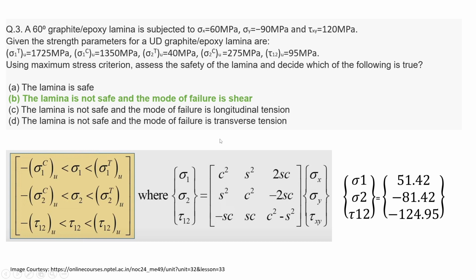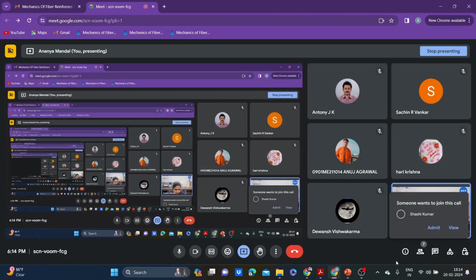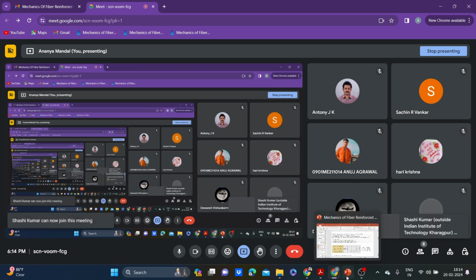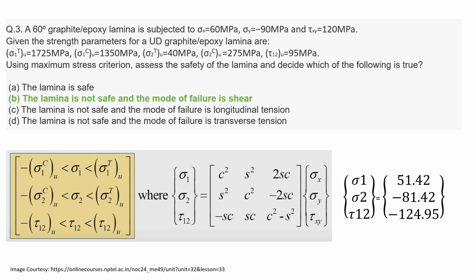Okay, so here we have to find the point where the lamina will go to failure. We are given the stress values in the principal axis, that is the xy axis, and we have to transform them. From the principal axis, we first have to transform into the material axis, which we can do by using the transformation matrix.